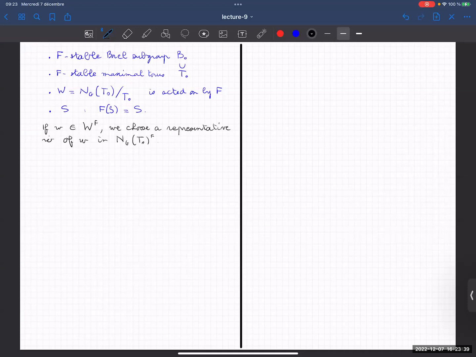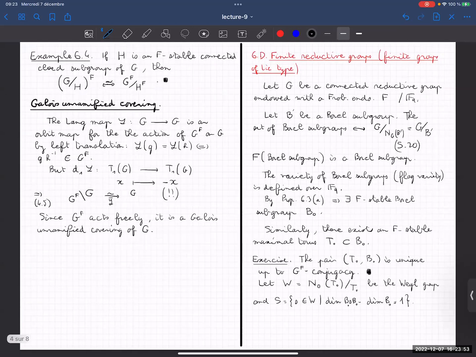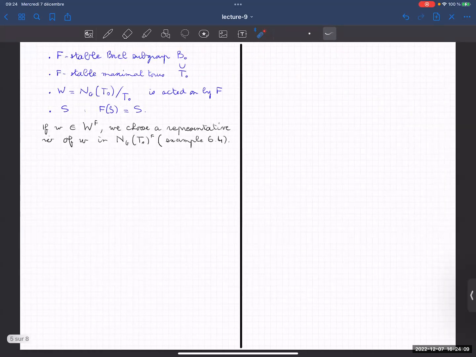Why can I choose an F-stable representative? This is because T0 is connected, and I apply Example 6.4, which says that an F-stable class admits always an F-stable representative if I take the quotient by a connected subgroup. In this case, the connected subgroup is just T0. But it must be said that the group N_G(T0) is far from being connected.